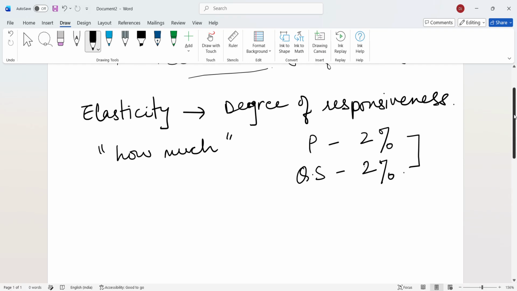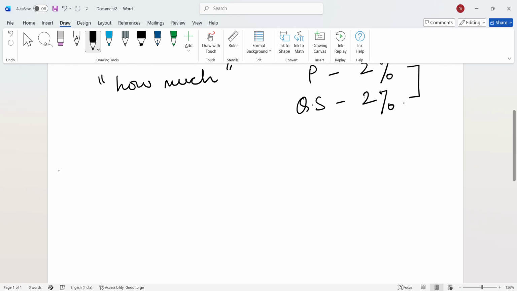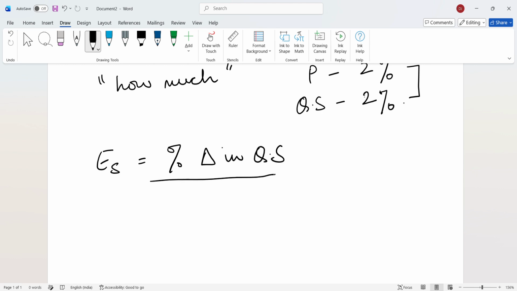Okay. Coming to the formula, the price elasticity of supply is given by your percentage change in quantity supplied divided by your percentage change in price. Going back to my earlier example, my percentage change in quantity supplied was 2% and my percentage change in price was 2%.